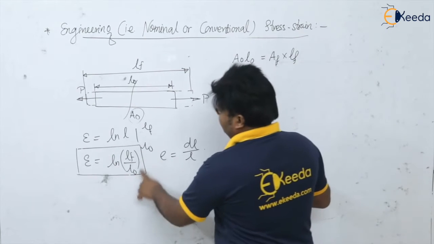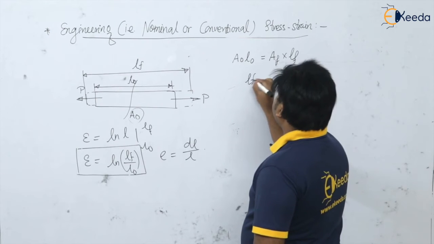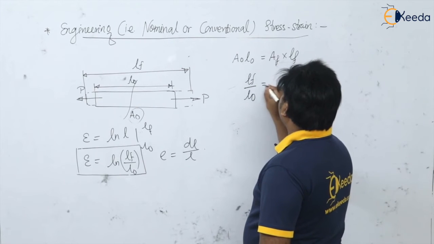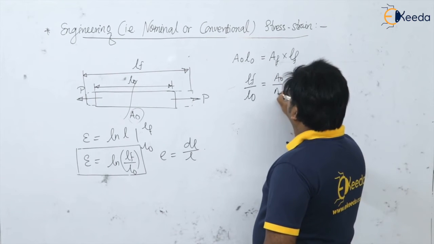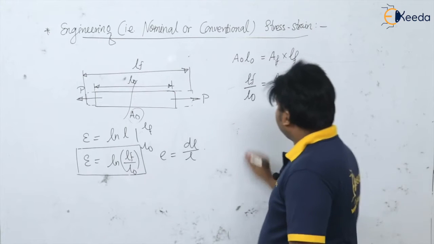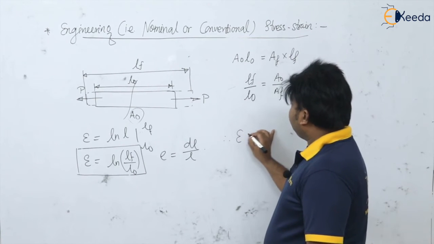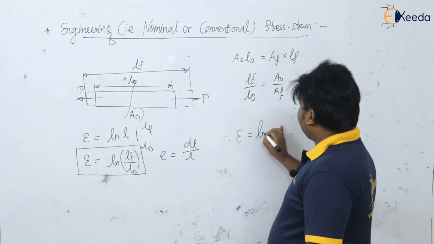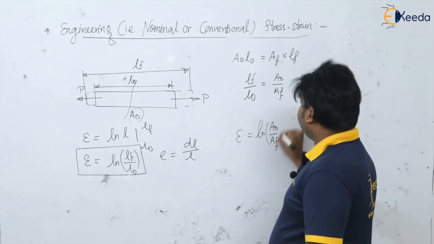So here I can write L final divided by L naught as A original divided by A final. Very important. If I put this value here, then I can write the true strain like this also: true strain is equal to ln of A original divided by A final.